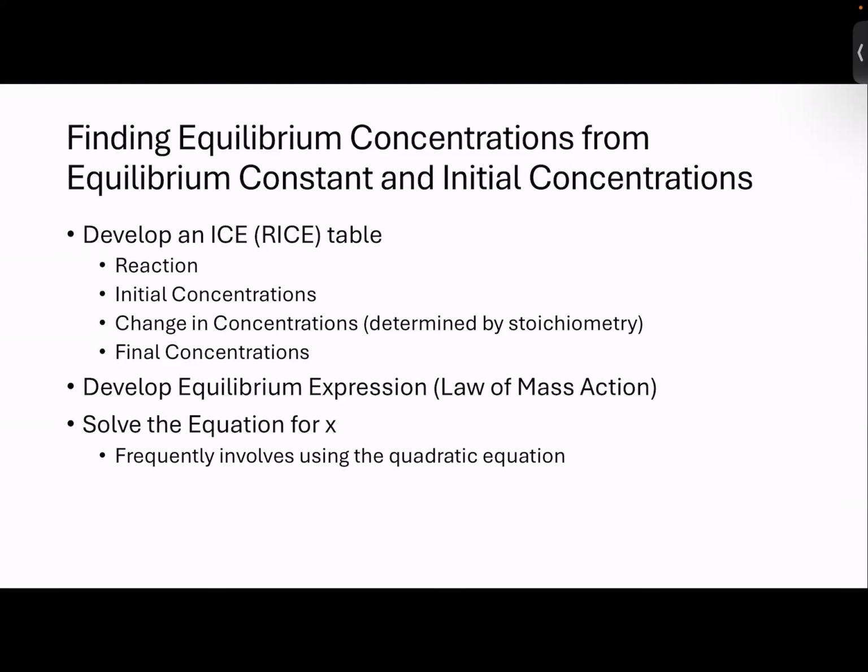That's where the R comes from in RICE. The I comes from the initial concentrations, so you plug in your initial concentrations. The C comes from the change in concentration, which is determined using stoichiometry. And the last letter is E, the concentration at equilibrium.